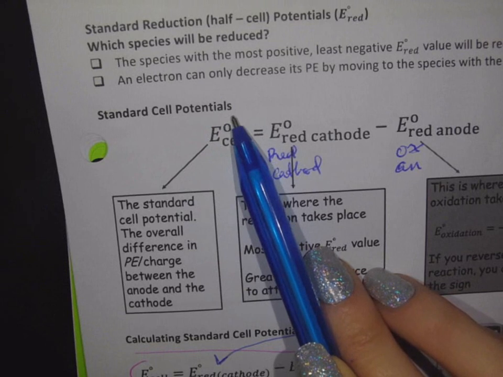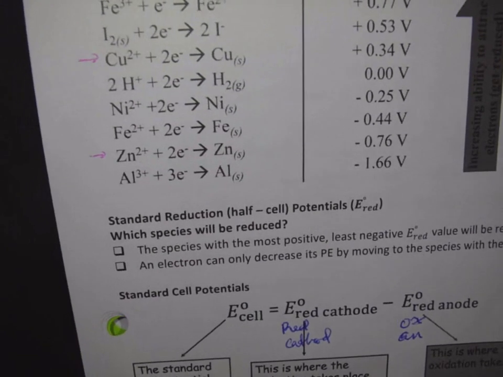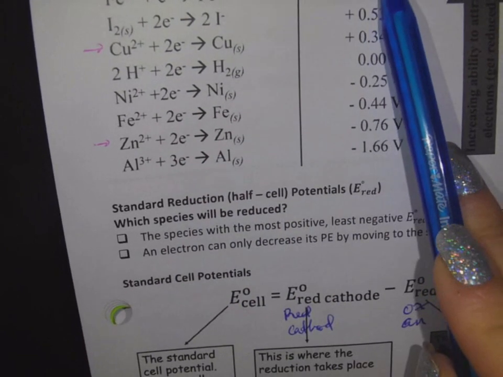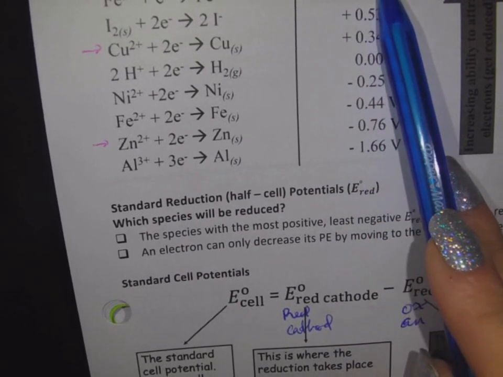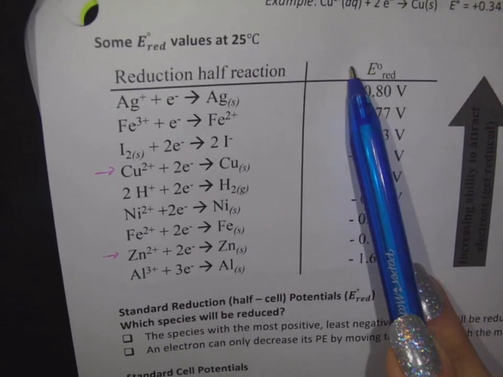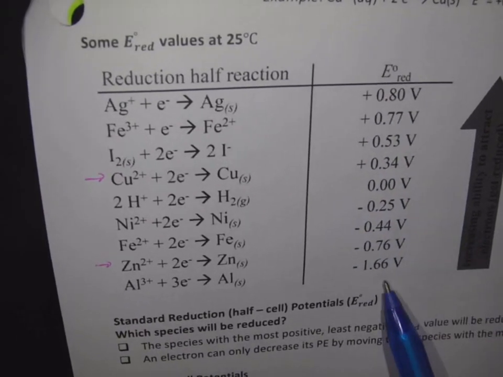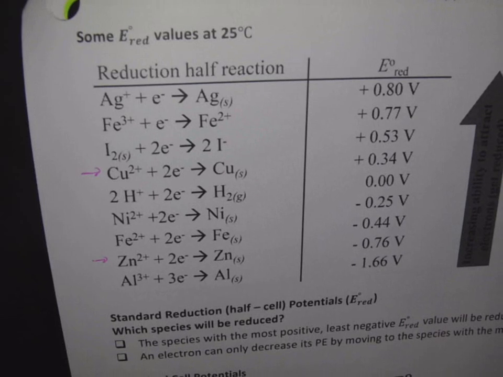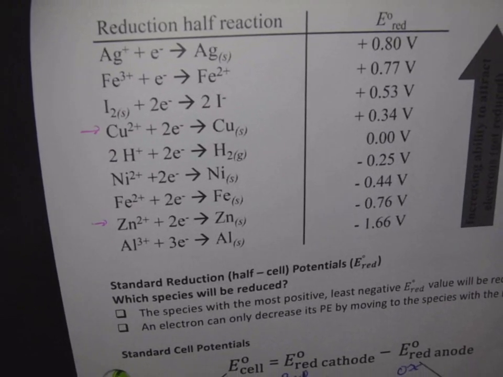So you're reducing things, the cathode, red cat, okay? So you want the cathode to be the biggest positive, and you would want the anode to be the biggest negative, because we know we're going to take the opposite of it or minus it.